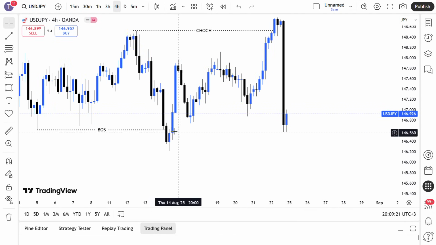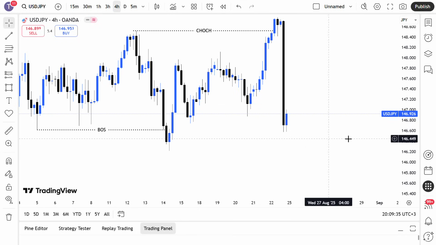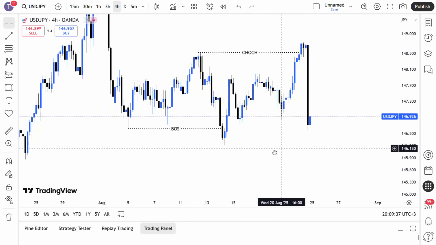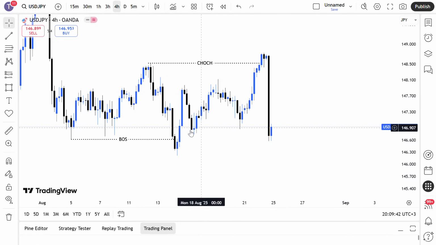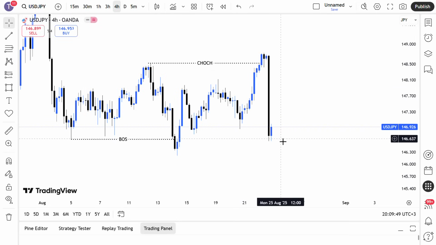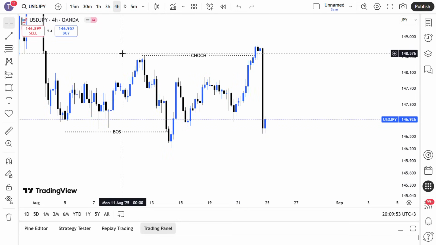But what I will be doing here is marking the last order flow that was formed, maybe from the 30 minute or the 15 minute time frame. I will look for the last order flow and see if the price taps into that area. This is a very good setup because we have the liquidity just above the area, and then we have the valid change of character to the upside. So I'll be expecting buys from down here to the upside, and that is very clear.